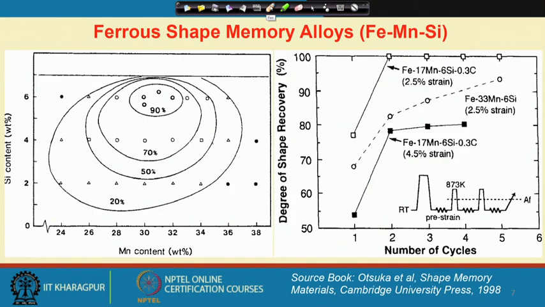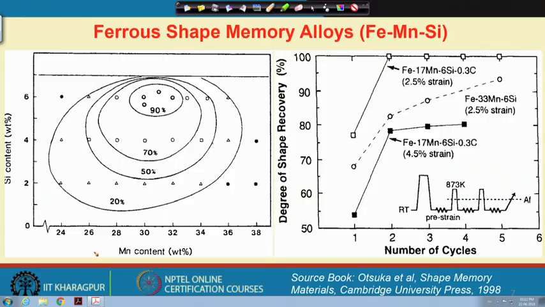Now, since I said that alloying elements are important in this iron manganese system, I am talking about iron manganese here. This is the manganese content and this is the silicon content, and people have observed that 20% of the strain can be recovered, not a total 20% strain.